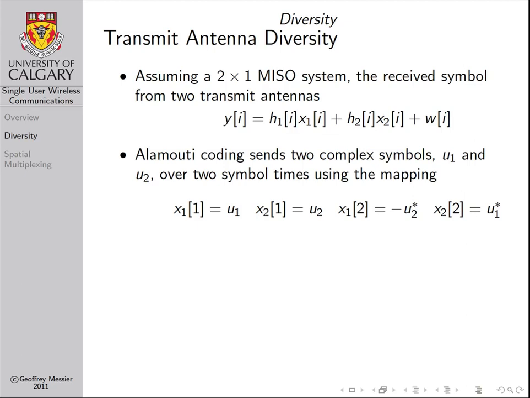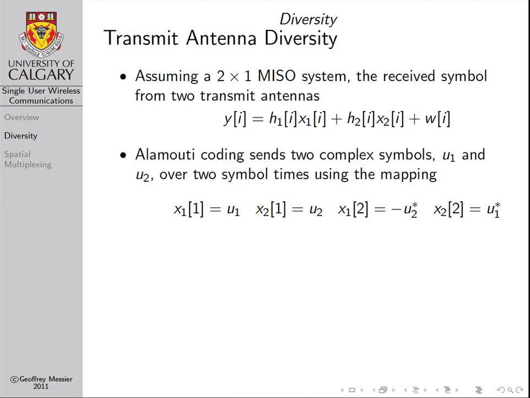If you read Alamouti's original paper, he provides almost no explanation as to how he came up with this. He just presents it and shows that it works. So this is perhaps something that he was able to determine intuitively, and it has since spawned the whole field of space-time coding.